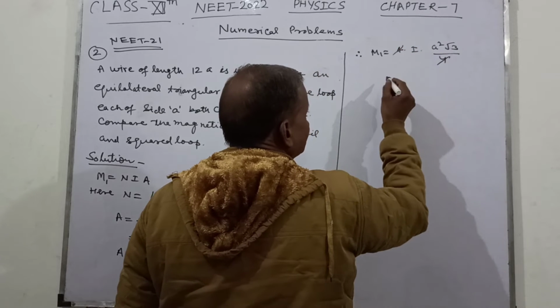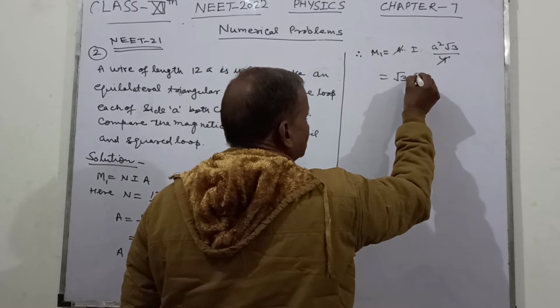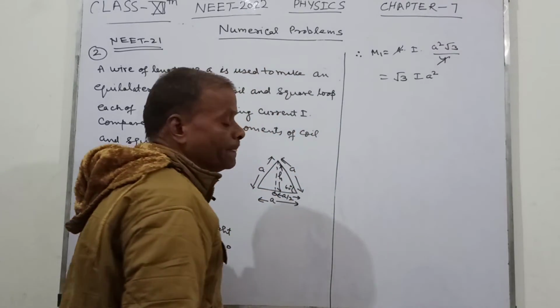So this 4 and 4 will cancel. This is now root 3 I into A square.